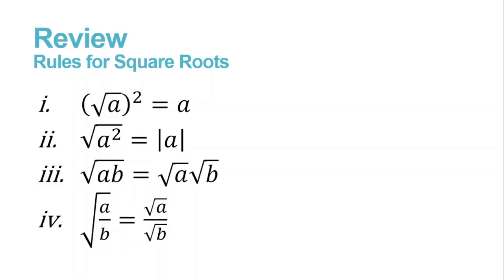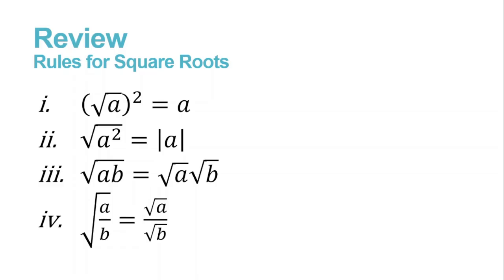If you square a number and take its square root, you get the original number back. The second rule is different from the first one, the reverse: taking the square root and then squaring it also gives you the original number.